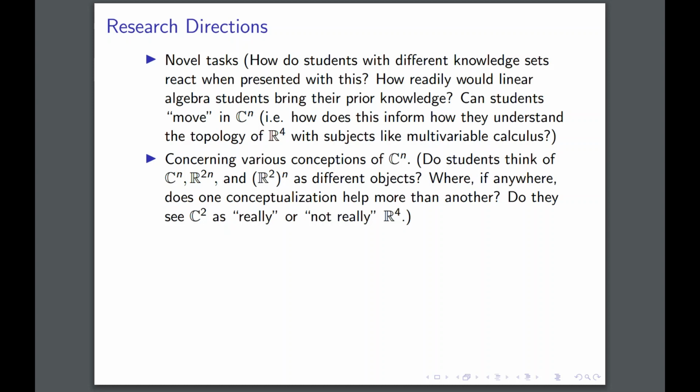Do they think of Cn, R2 to the n, or R to the 2n, and R2 to the n as different objects? Do they see them as all the same kind of underlying set, but with different structures, or do they just not really care about the differences at all?